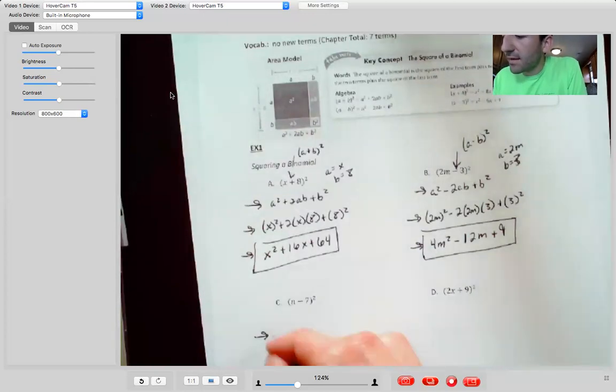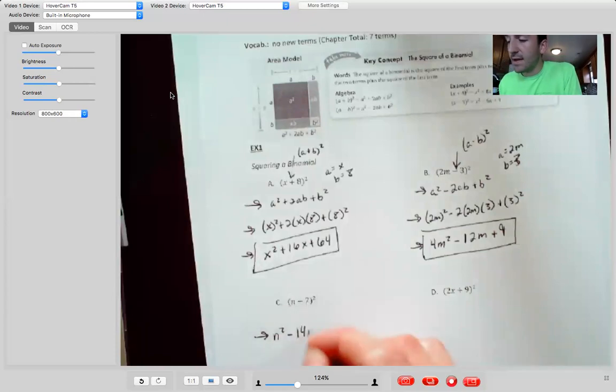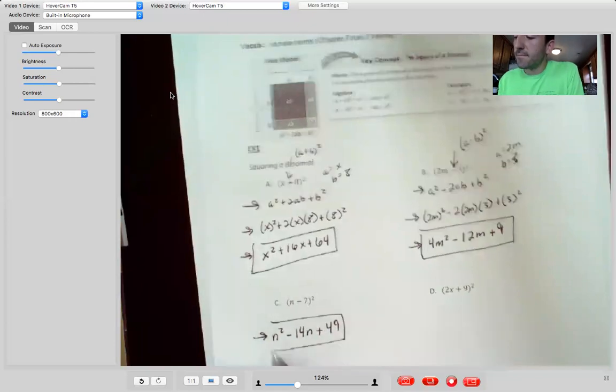So there we get n squared, and then minus 2 times 1 times 7, so that'd be minus 14, and then n, and then the last term is plus b squared, so plus 7 squared is 49.